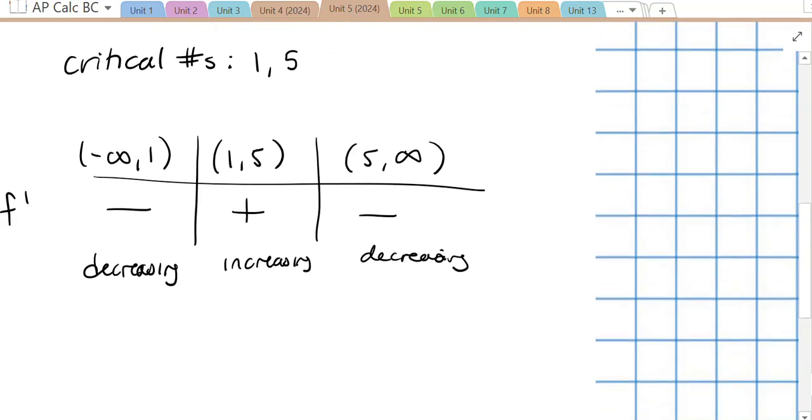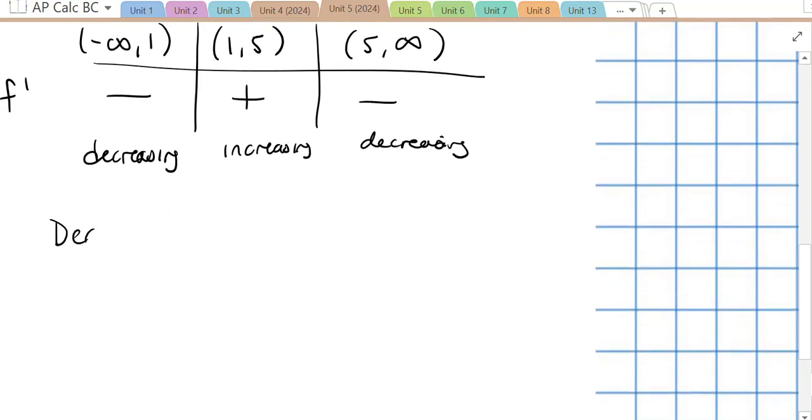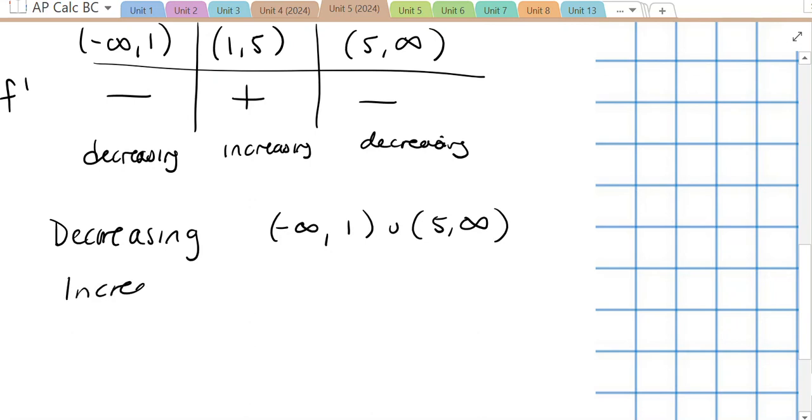Okay, so if I talk about intervals of increasing and decreasing, we are decreasing from negative infinity to 1, union 5 to infinity, and I am increasing from 1 to 5.